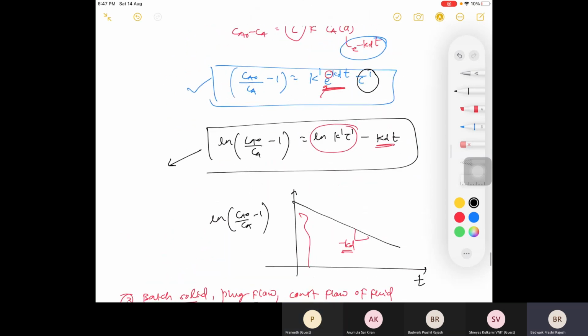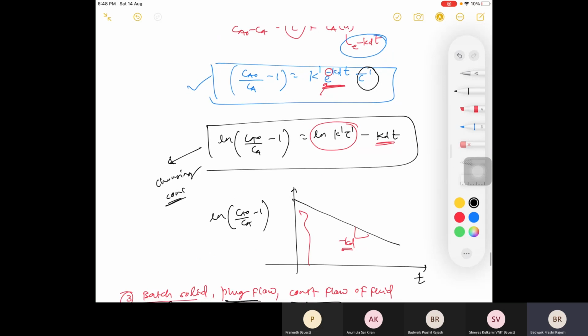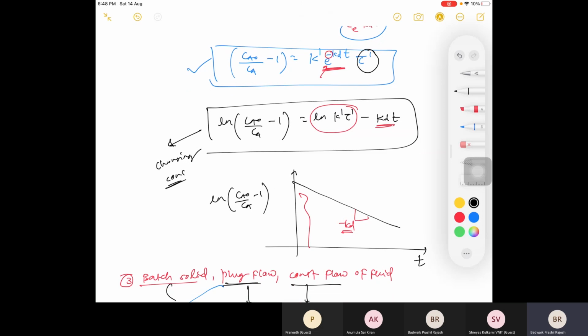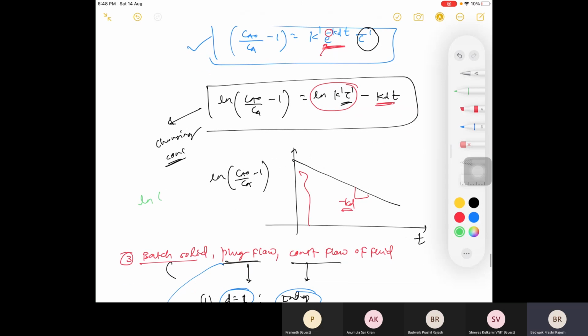This was for changing concentration. You correct here, write in terms of ln tau, then you will get some equation and then you plot. The standard plot was ln of tau on this axis and t on the x axis. So y axis versus x axis you can draw. Just you need to arrange.